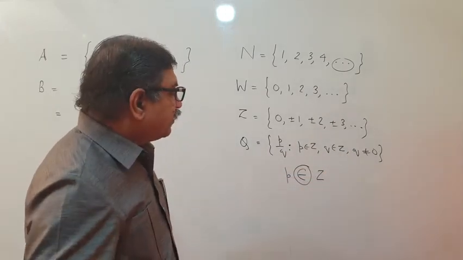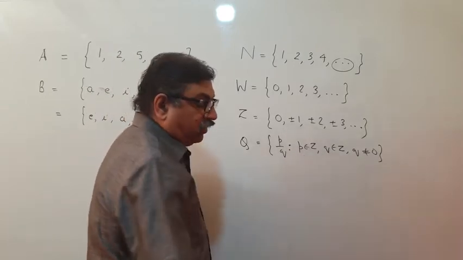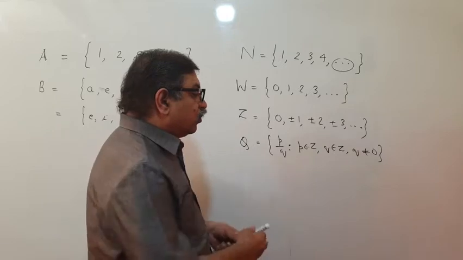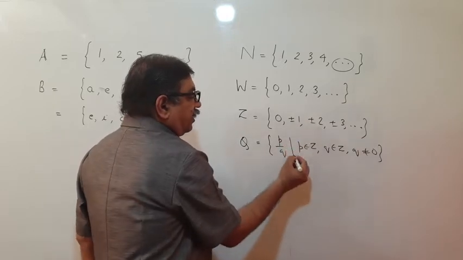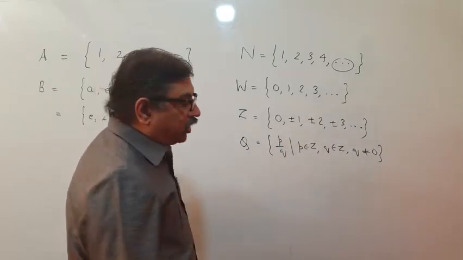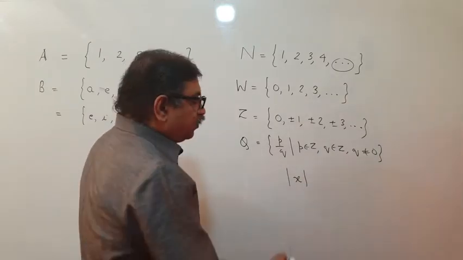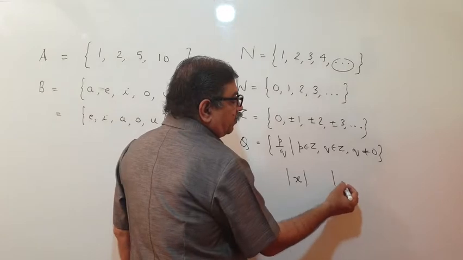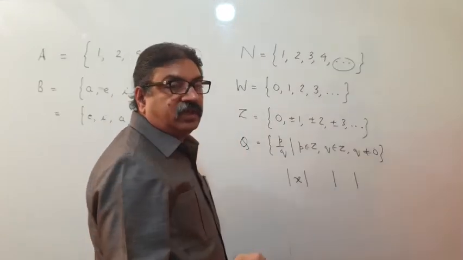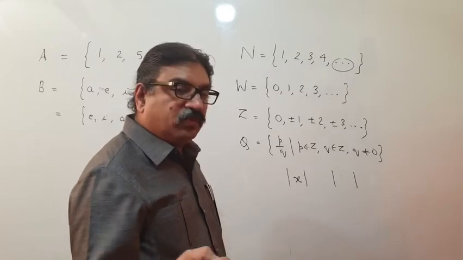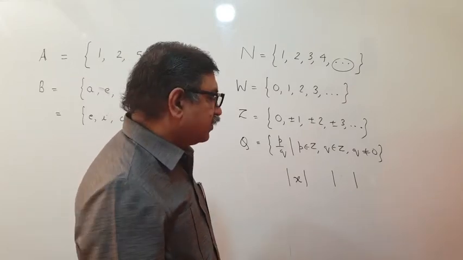So that is the set of rational numbers that you must have studied. So you came to know what is the meaning of the symbol colon that I am using. I can use colon or I can use this vertical bar. This vertical bar is used for modulus also. We are putting 2 vertical bars around the modulus. These 2 vertical bars we are using for determinants also, that you will see. If you have seen the bridge course, in the first video I introduced you to determinants. You can first do the bridge course, then only you can come to this course.